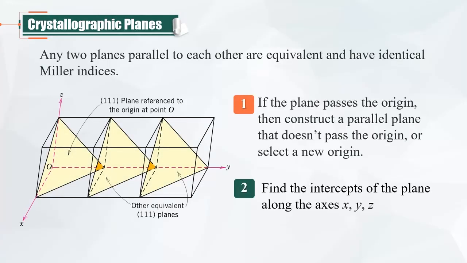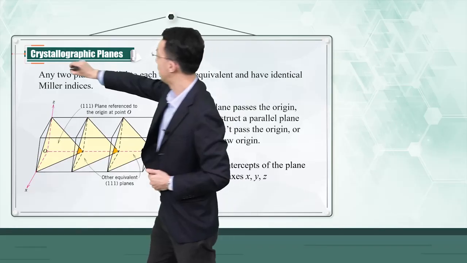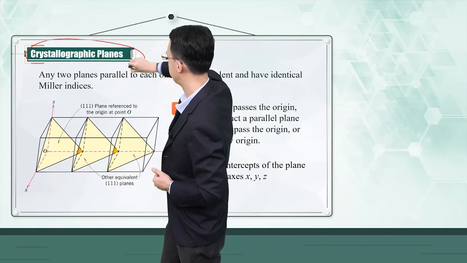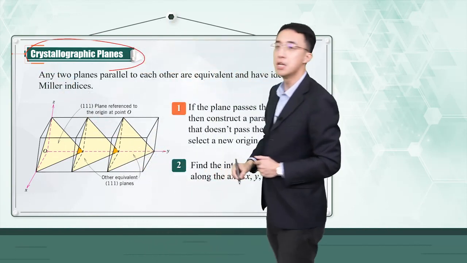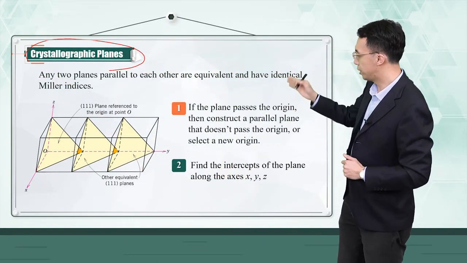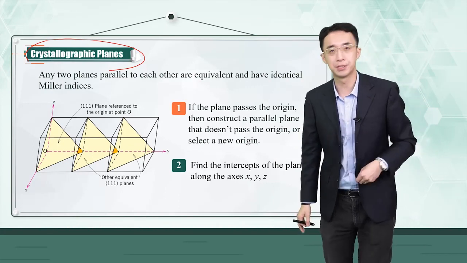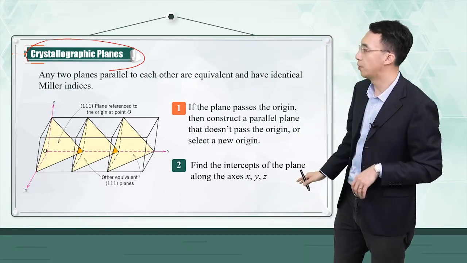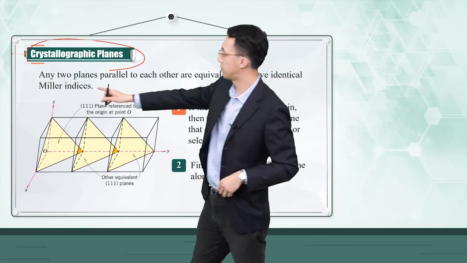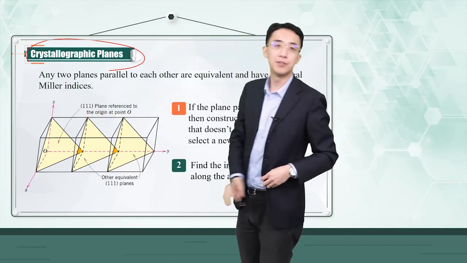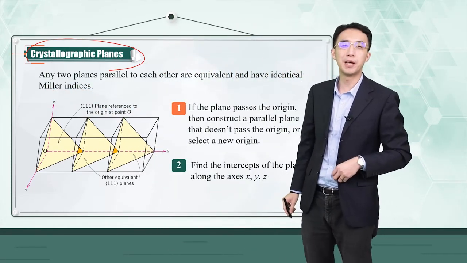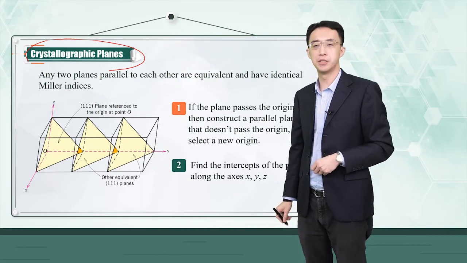Now we move on to describe quantitatively how to define a crystallographic plane. You need to follow this sequence to determine the indices for the planes. This principle was developed by the scientist Miller, and the indices for crystallographic planes are also called Miller indices.